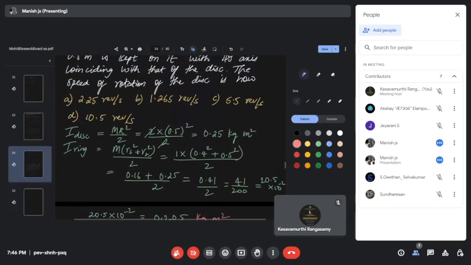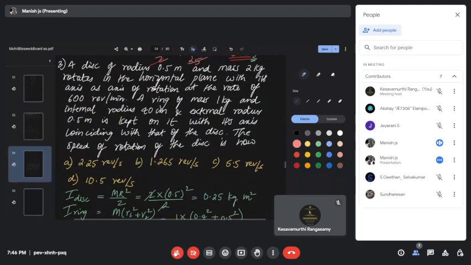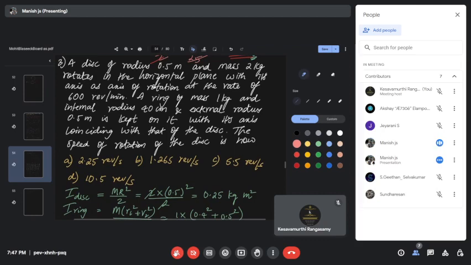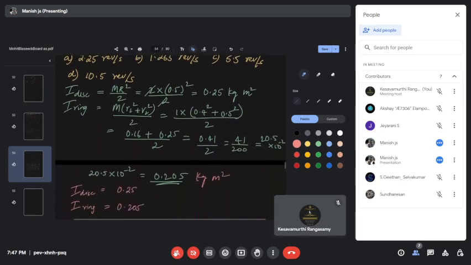Because the disks are rotating along a particular plane, they possess angular momentum, because there is rotation involved. So the momentum would not be linear, rather it would be angular in this case. The angular momentum for your disk plus the ring is going to be equal to the total angular momentum. That is what we are going to write the expression for.